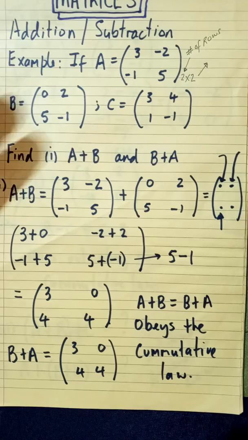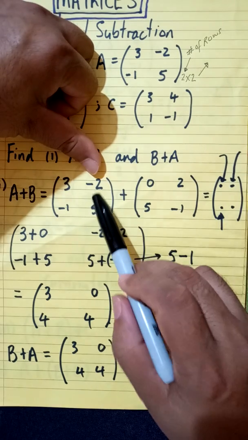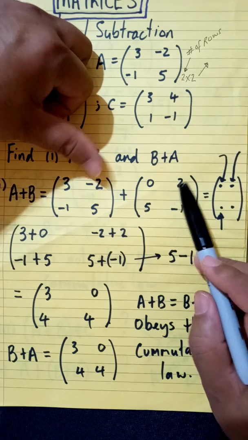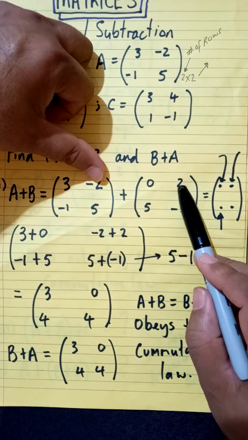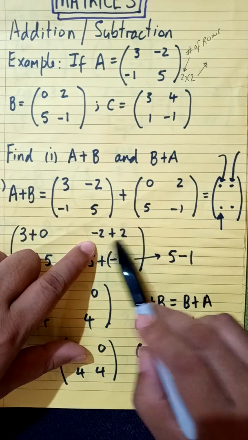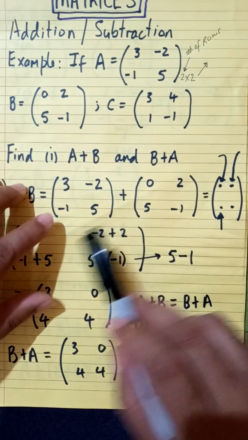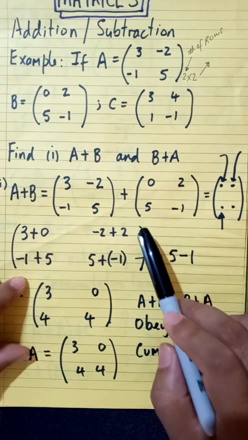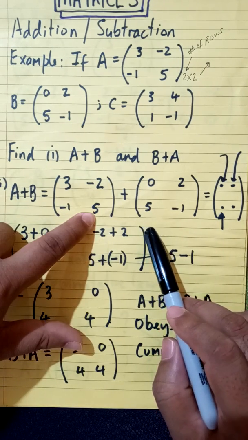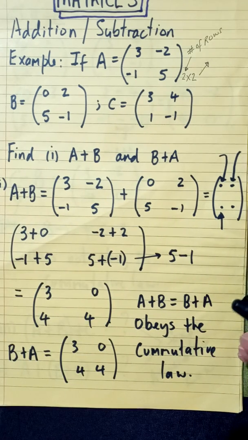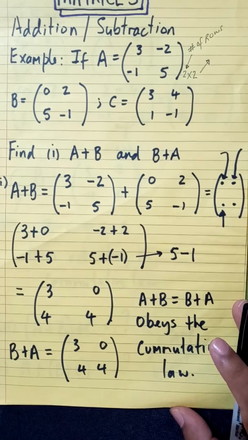Then we look at the negative 2 and this 2. These 2 elements add together, so this will be negative 2 plus 2. Likewise, the negative 1 goes with the 5, and 5 goes with the negative 1. So that's how we add matrices, and the same way we add matrices, same way we subtract matrices.